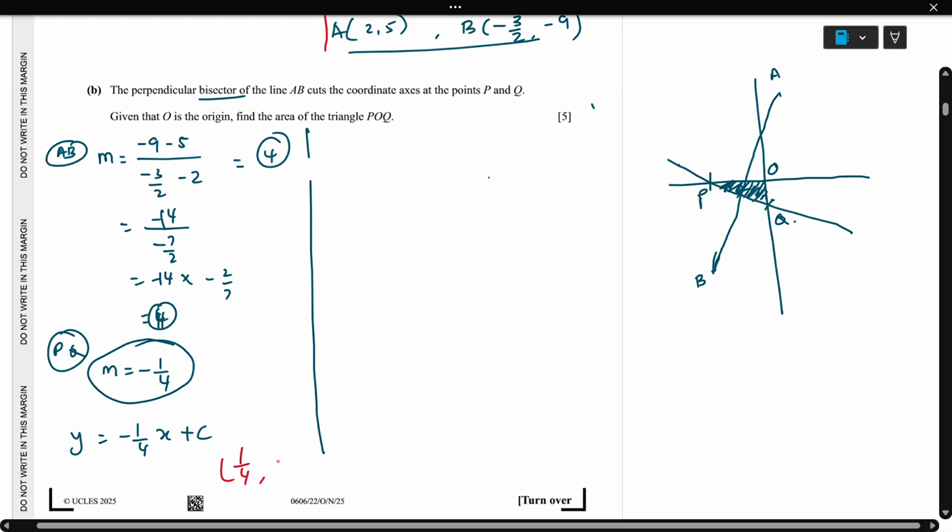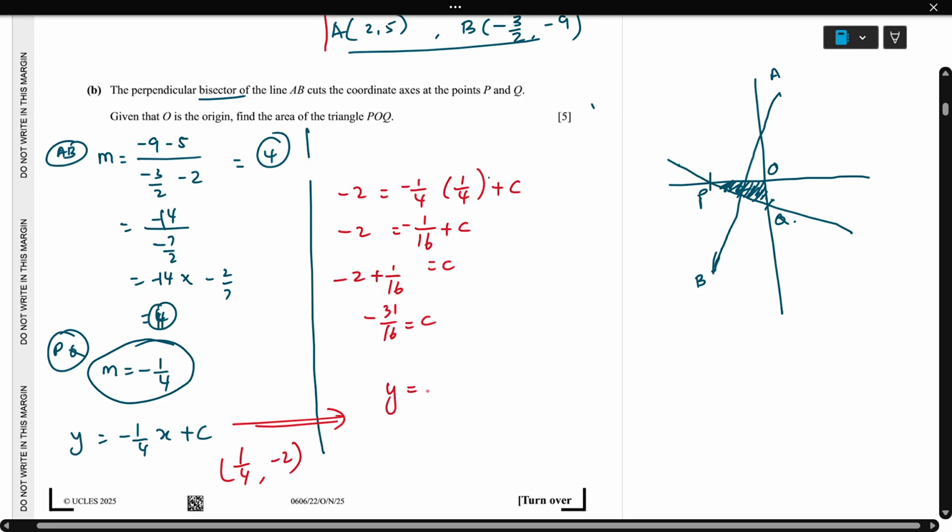So minus 2 equals negative 1 by 4 times 1 by 4 plus c, so minus 2 equals negative 1 by 16 plus c. Minus 2 plus 1 by 16 equals c, so c is minus 31 over 16. The equation is y equals minus 1 by 4 x minus 31 over 16.